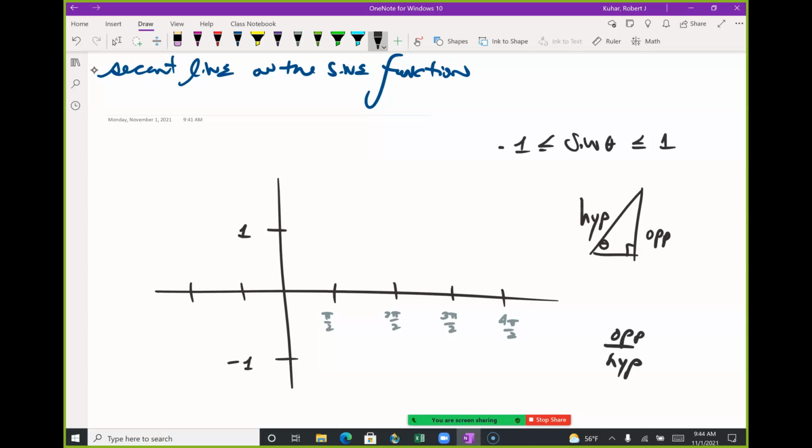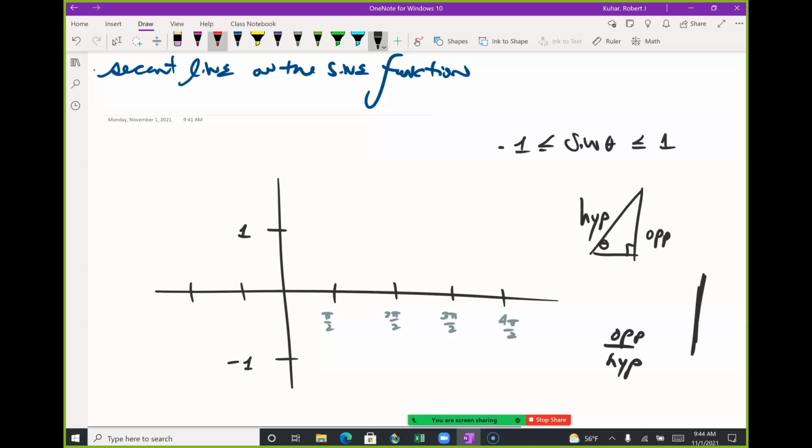And so we know when my angle is 90 degrees, the height and the hypotenuse are the same. So when I divide that, even though it's not a triangle anymore, but it's a thought. If I go to 90 degrees, there's no triangle anymore, but if there were, the height and the hypotenuse are the same. So sine of pi over 2 is 1.